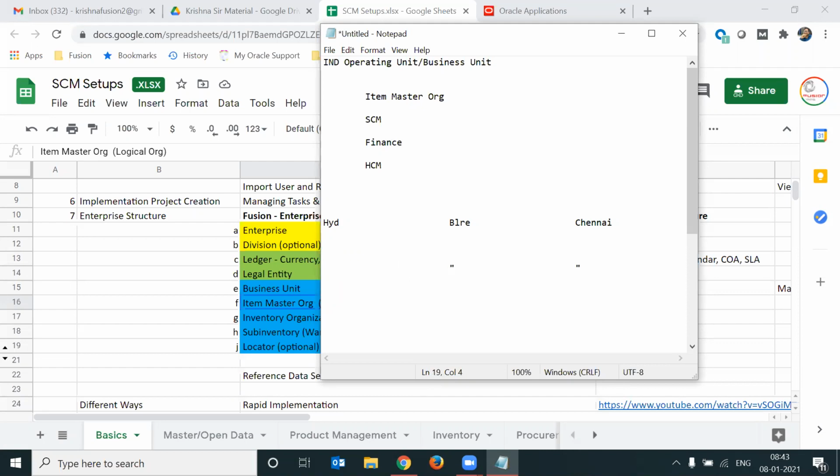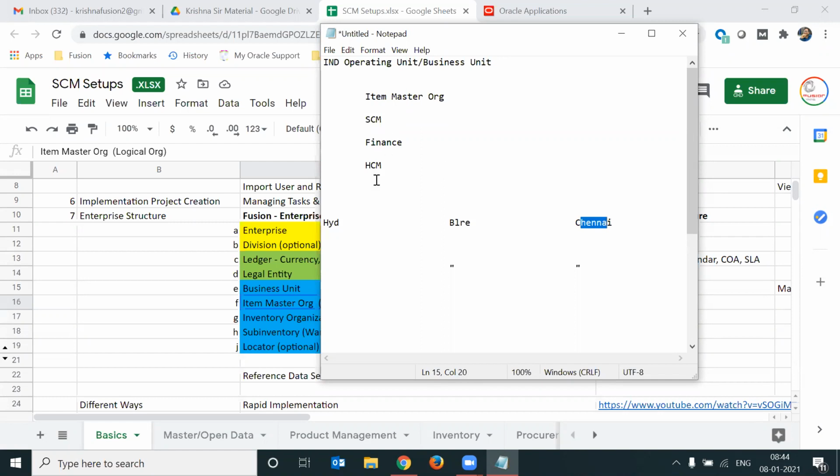That's it. See the name itself, item master org. That means all your products are maintained here, in the item master, nothing but a product master. So you're defining all your items here, and those items you are referring to Hyderabad, Bangalore, and Chennai.